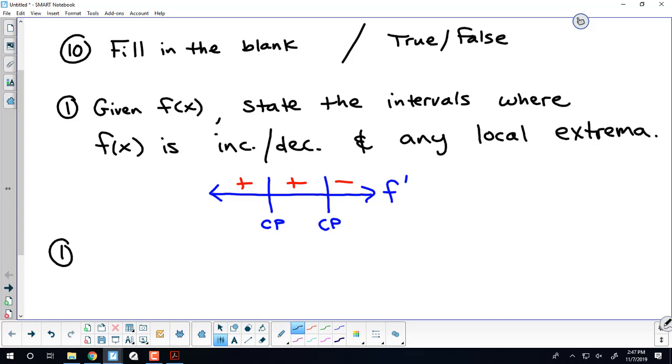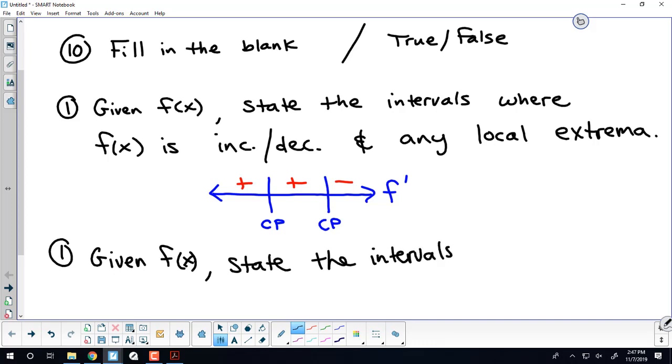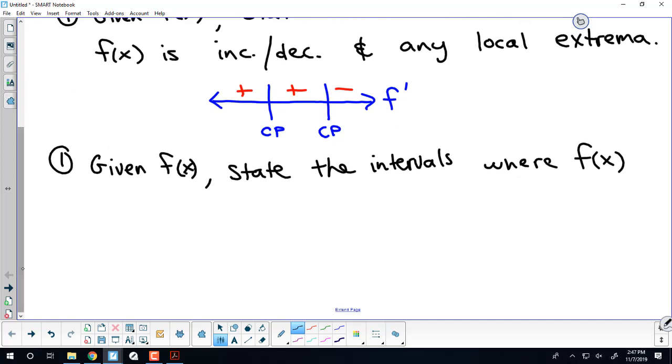There's one question where you have to do the same thing with concavity and inflection points. So given f of x, state the intervals where the function is concave up and concave down, and also any inflection points if applicable.